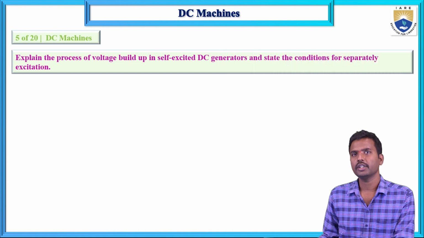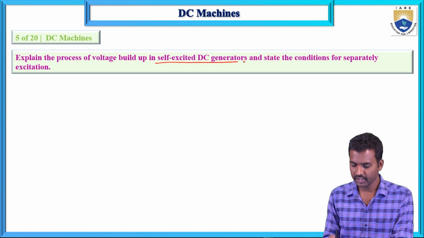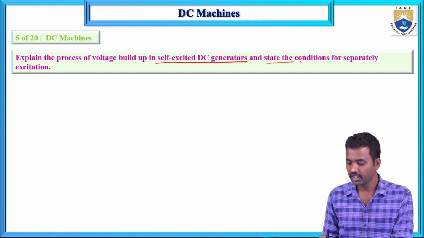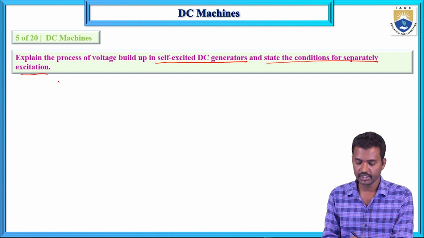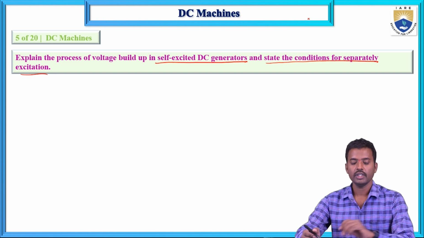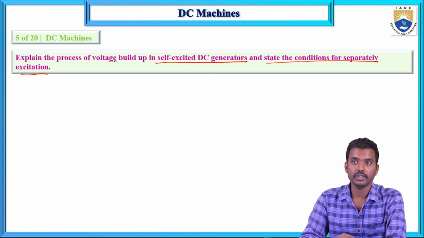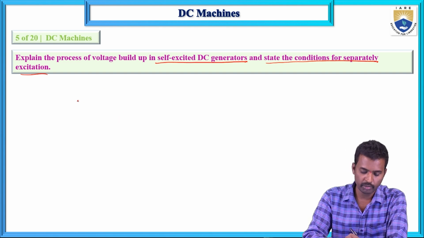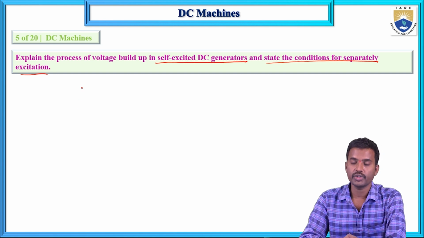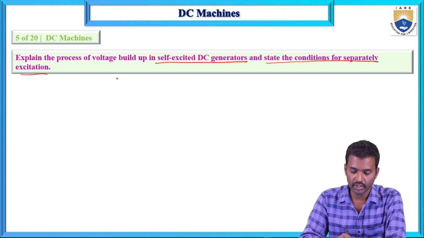Next, explain the process of build-up in the self-excited DC generator and state the condition for separate excitation. Voltage build-up in the self-excited generator happens because of residual magnetism: there may be an induced EMF in the armature winding, and it builds up the voltage.